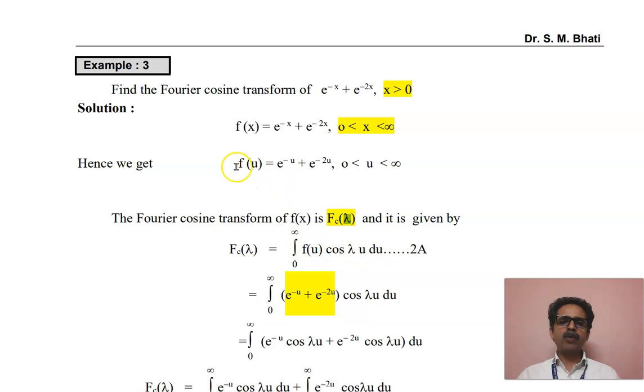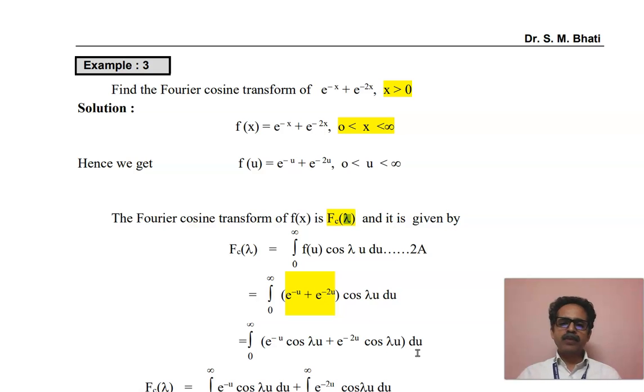And just above, we obtained the value of f of u. So we substitute the value of f of u, because f of u contains two terms. So we must write these two terms in the bracket. Then in the next step, we multiply this bracket by cos lambda u, so that in the bracket you will find e raised to minus u cos lambda u plus e raised to minus 2u cos lambda u du.